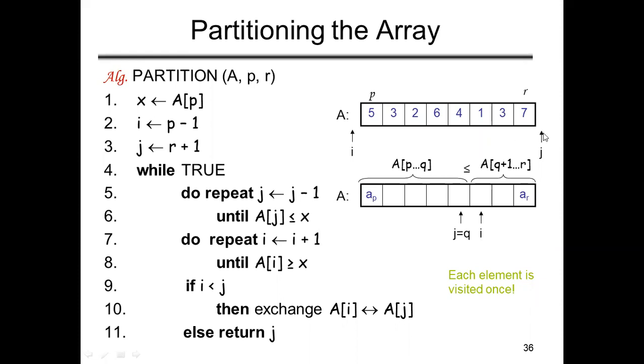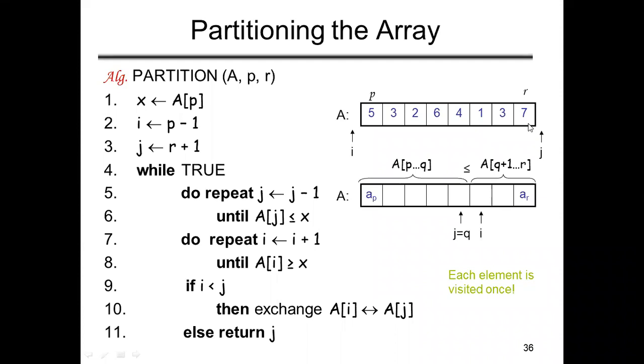We are decrementing J each and every time until A of J is less than or equal to X. A of J should be less than or equal to the pivot element. Our pivot element is 5.